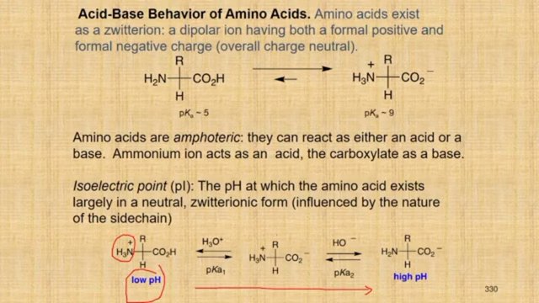So there is a concept for an amino acid to lose a proton, that is, dissociate. In other words, for it to lose a proton, the pH of the medium must be greater than the pKa of the group that is donating the proton.